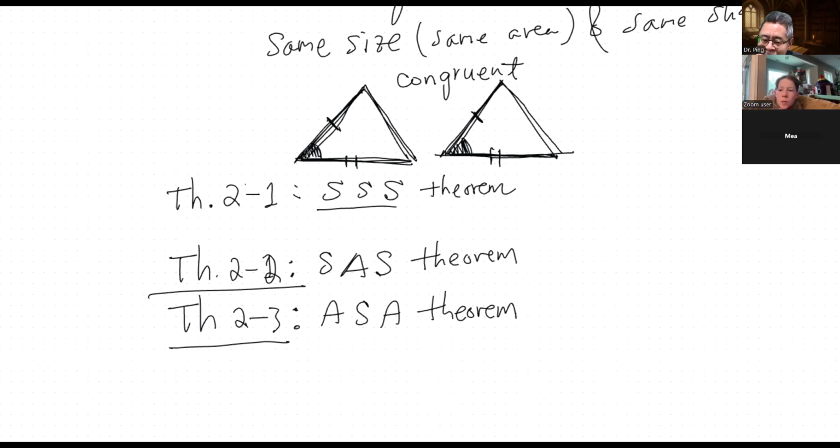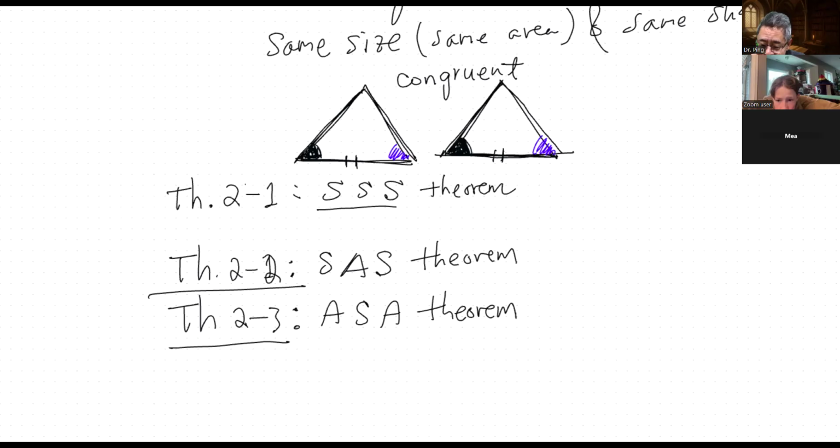So for example, if we know this angle and that angle are congruent, and this angle and this angle are congruent, so two angles are congruent, and the side between those two angles is congruent, then the triangles are congruent.